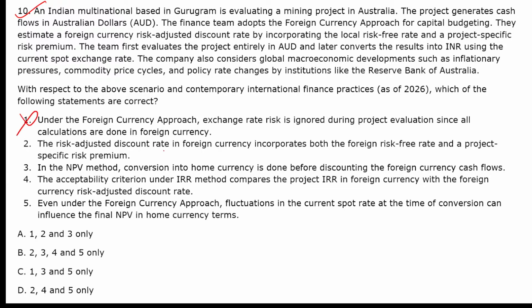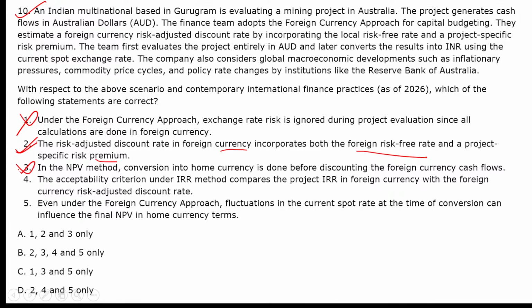The risk adjusted discount rate in foreign currency incorporates both foreign risk free and a project specific risk premium. Correct. We have taken into account both the things, risk free also and the risk premium also. In NPV method, conversion into home currency is done before discounting. Wrong. It is done after discounting.